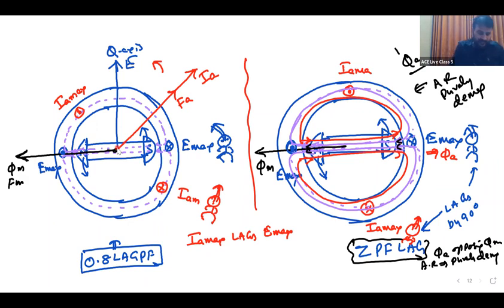Now lastly, see, armature reaction can be represented. Armature reaction causes a drop of voltage and also a rise of voltage.